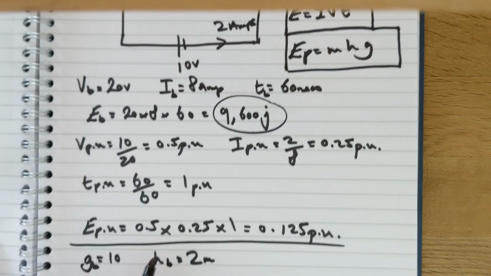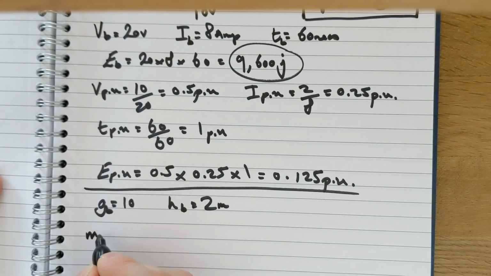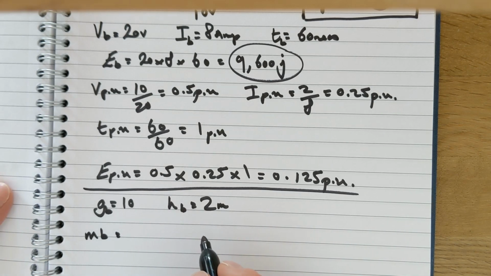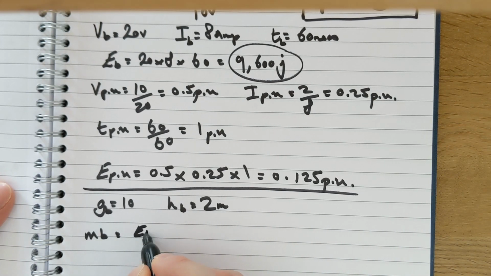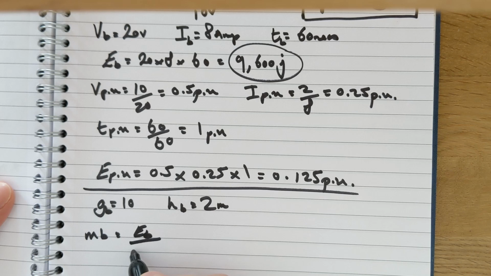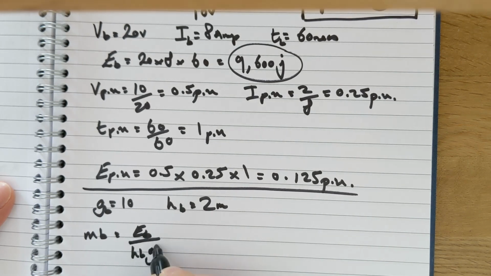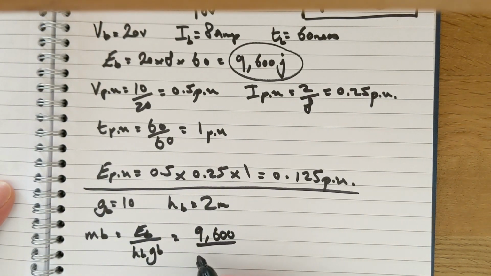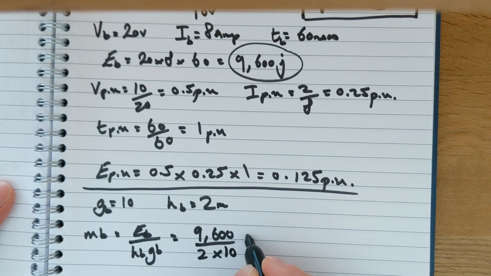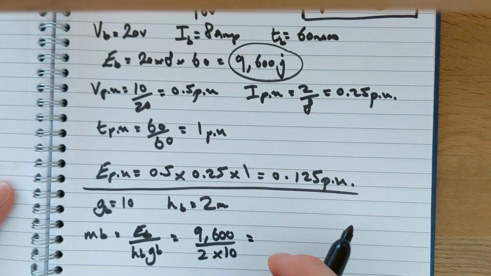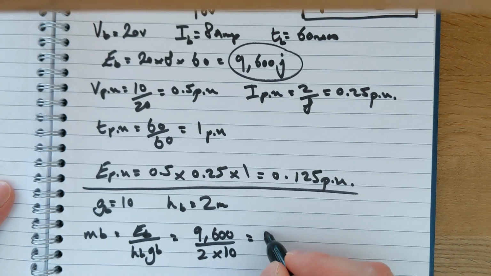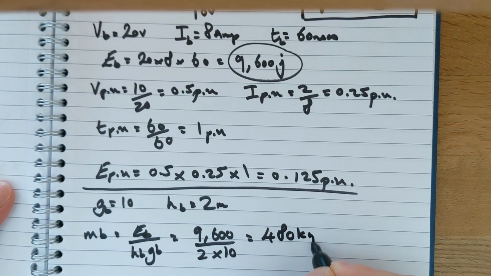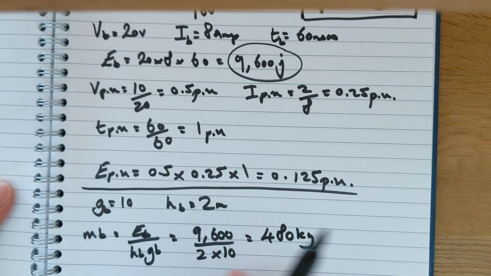So our M base will equal E base over H base over G base, which is 9,600 divided by 2 times 10, and that comes to 480 kilograms for our mass base.